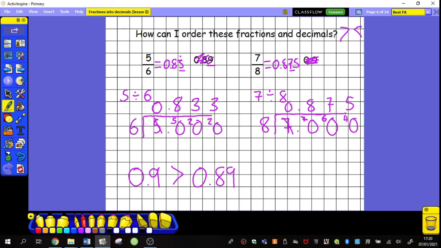Now I know the 7 is going to be bigger than the 3. But I can't put 0.87 because that's not what it's asking me to order. It's asking me to order the fraction. So I'm going to be writing the fraction. And finally, that then leaves me with 5/6. Now you might have noticed that I crossed them out as I did them. That is what I encourage you to do.